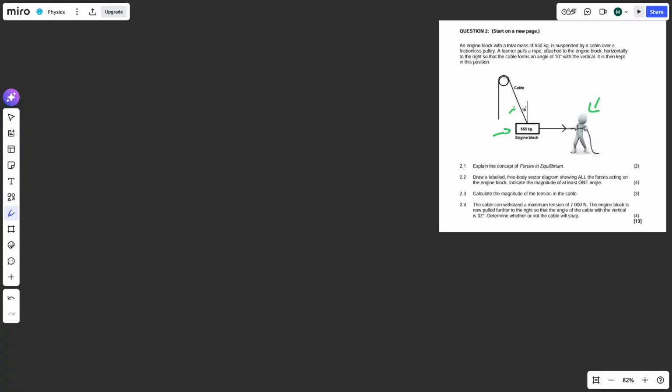So now, in the first question, we are required to explain the concept of forces in equilibrium. What is an equilibrium? Equilibrium, you can think of it as balanced. If you consider an object, we'll consider two cases: an object that is moving and an object that is at rest.